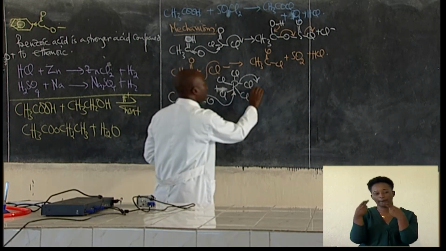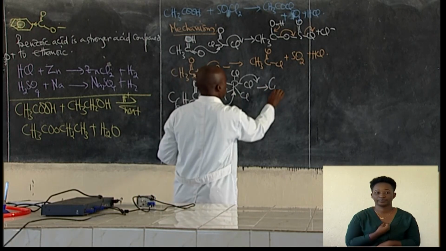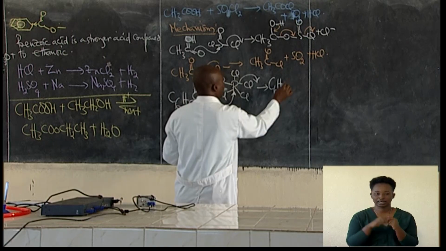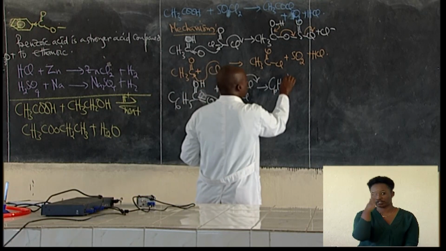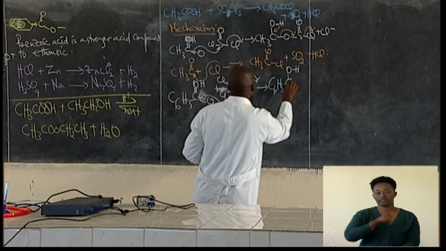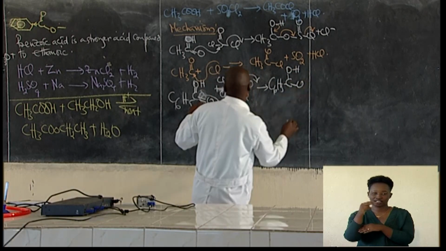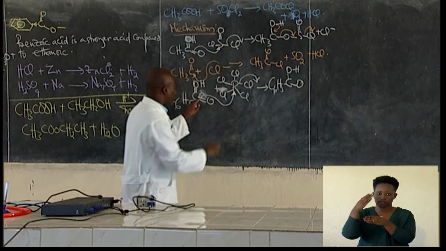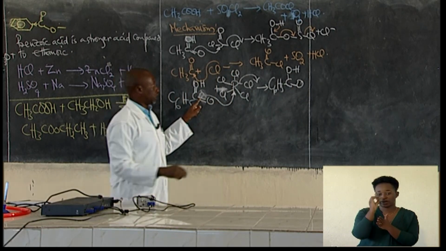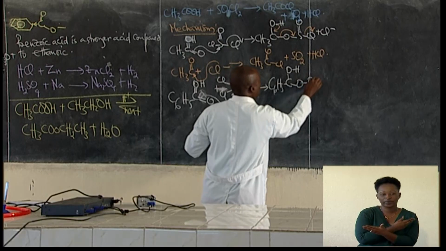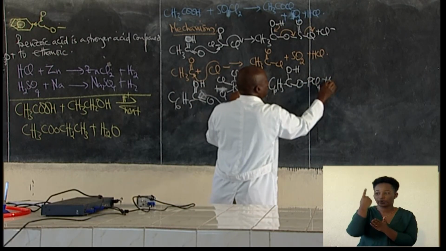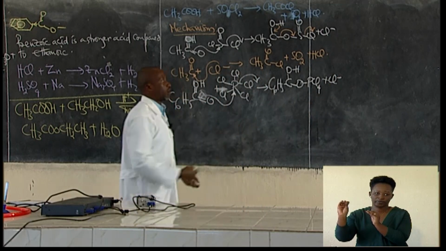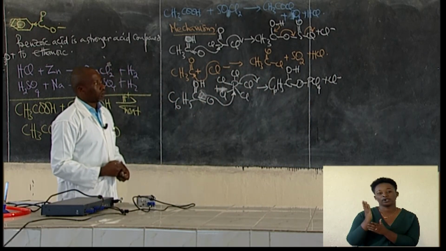So you'll have C6H5C. Oh, this one had hydrogen, remember? So this is oxygen with the hydrogen. This is oxygen, because one of the bonds has been removed. So you'll have PCl4, because one chlorine has broken away. So that is the compound that is formed.